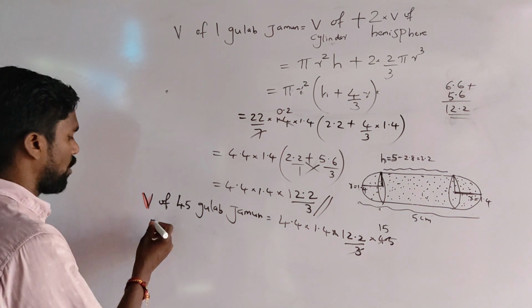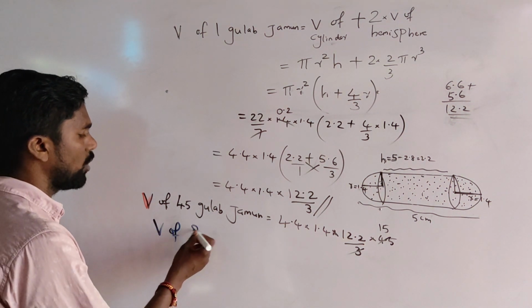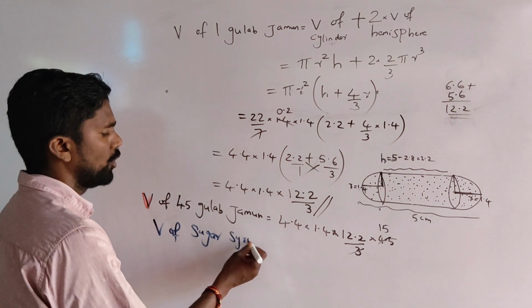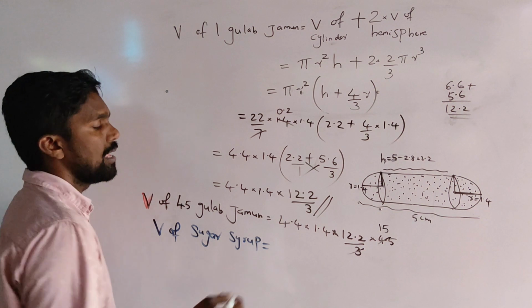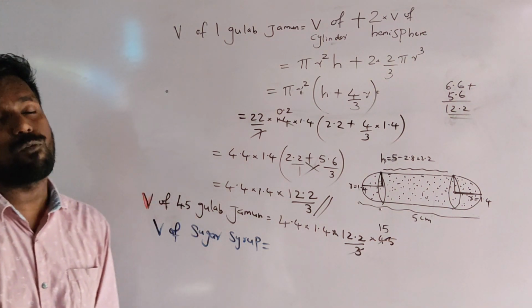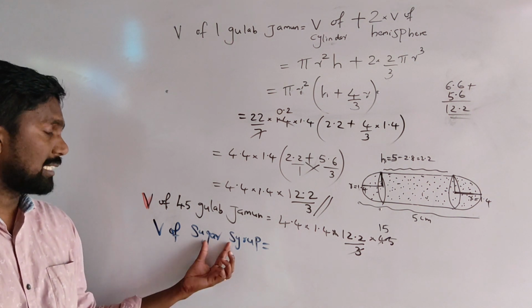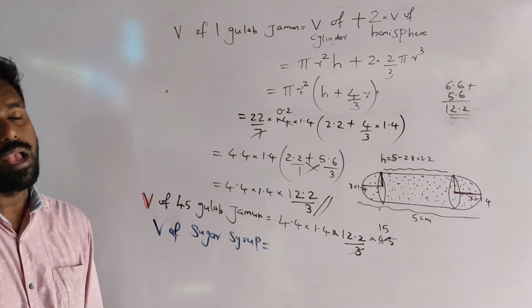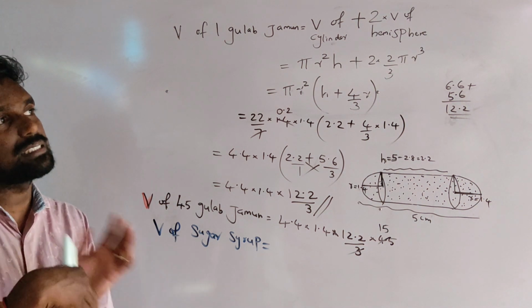Then we can find the volume of the sugar syrup. Sugar syrup means 30% of the volume of the gulab jamuns.